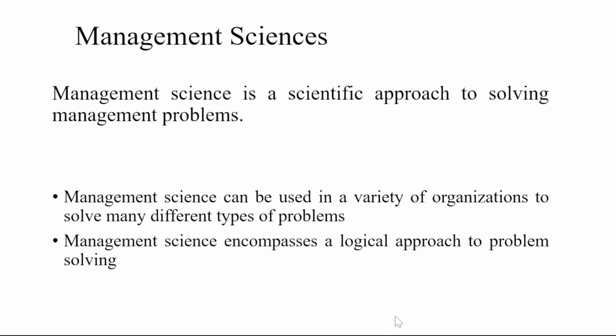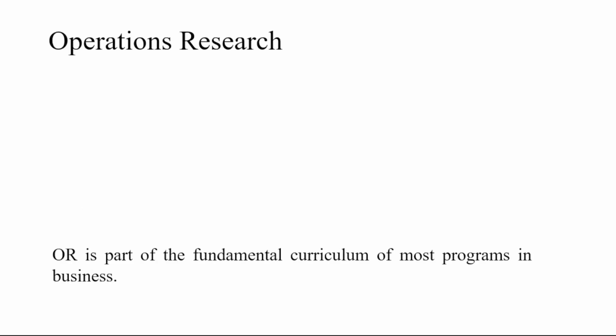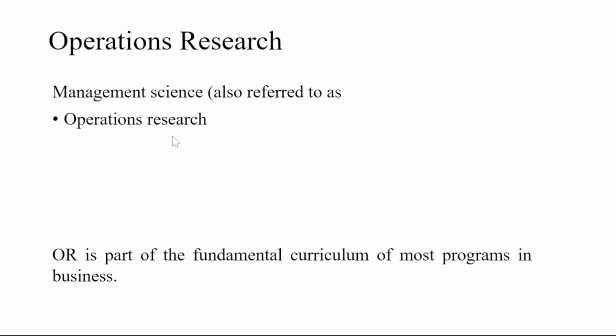Management science can be used in a variety of ways to solve problems. The management science approach is a logical approach to solve any business problem. So management science is also called operation research.